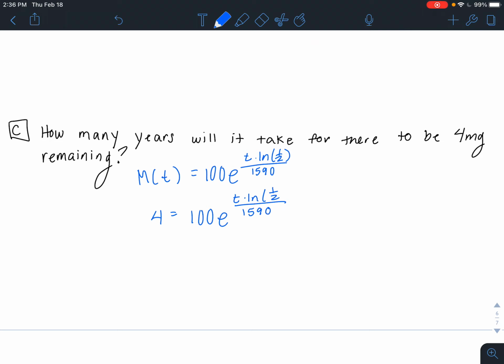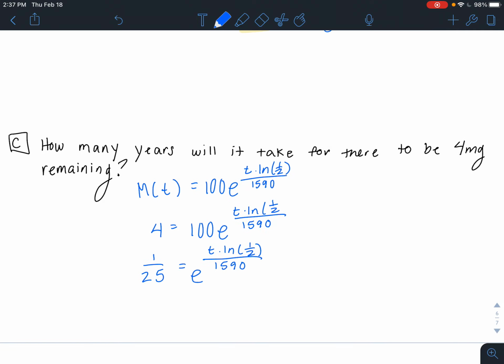If I divide both sides by 100, I get 1 over 25 equals e to the t times the natural log of 1/2 all over 1,590.